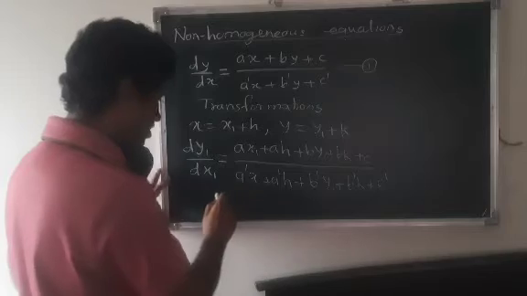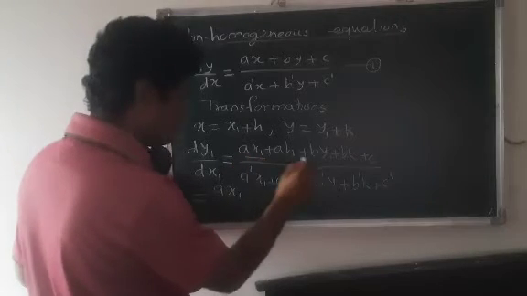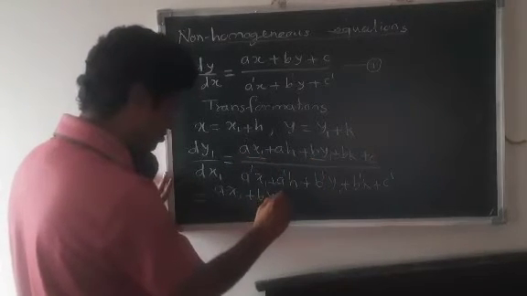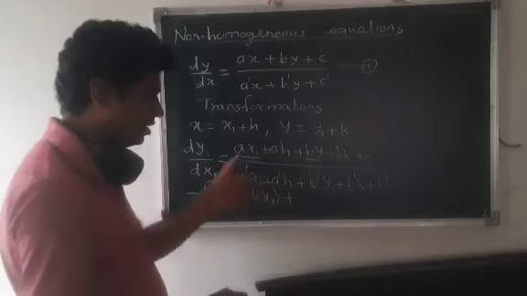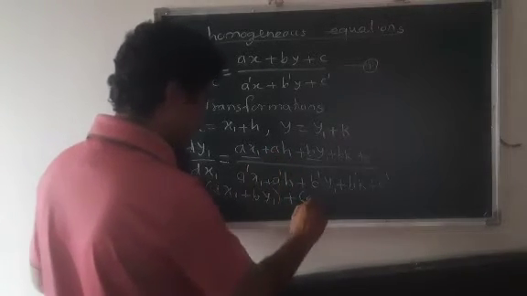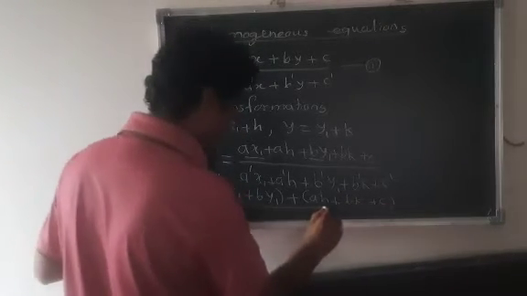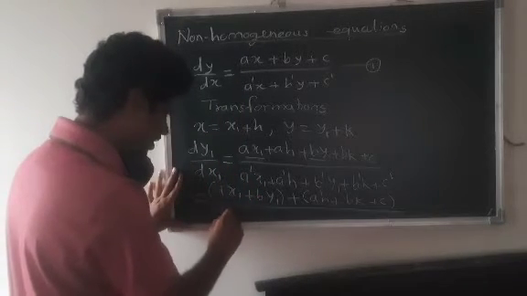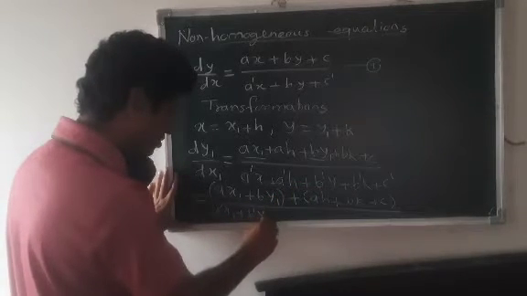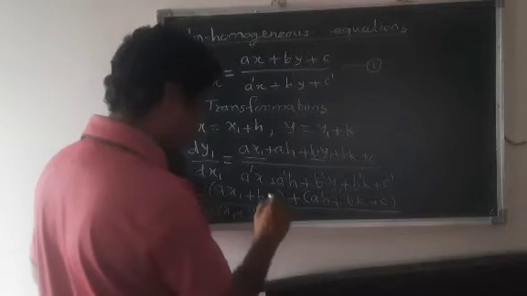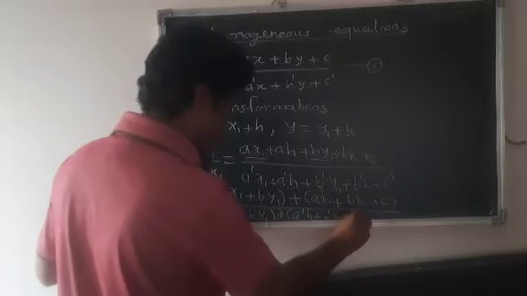We rewrite the right hand side by grouping the terms like ax1 plus by1 and the remaining terms ah plus bk plus c, divided by a dash x1 plus b dash y1 and the constants a dash h plus b dash k plus c dash.